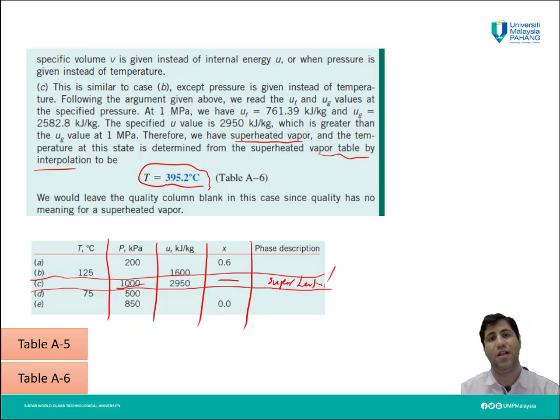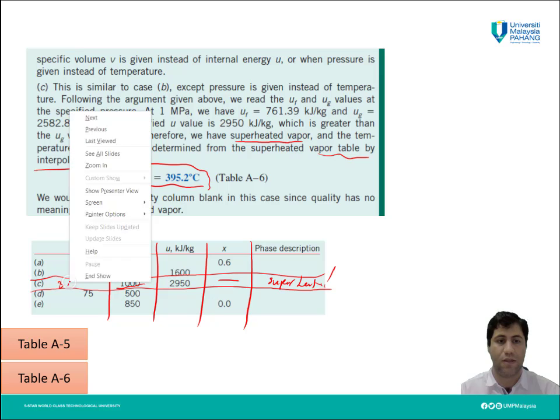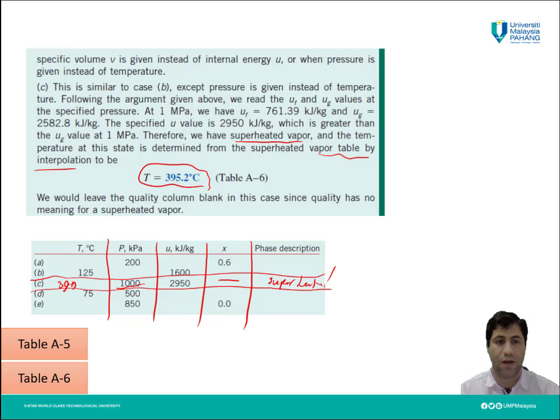The interpolation process is the same as the previous example which we had, and simply we can find the temperature for this pressure by interpolation, which will be 395.2 degree Celsius.